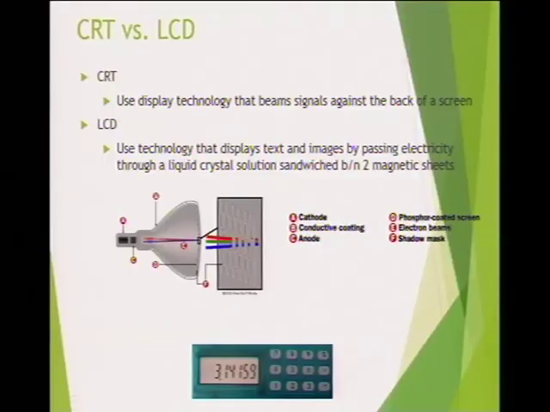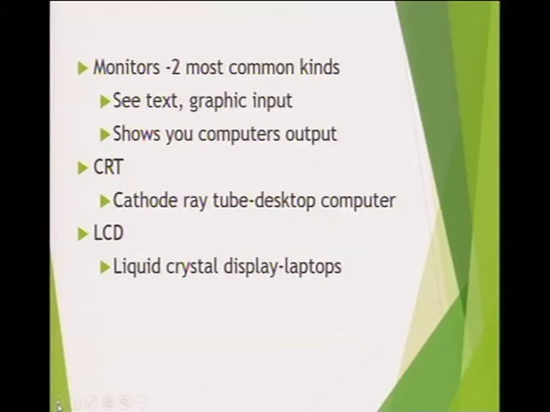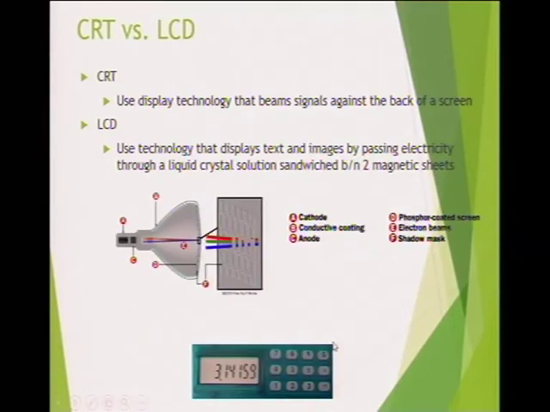Now, if you look at that, we come back to what we were discussing in the previous slide here. What we are talking about, CRT, cathode ray tube, and then the liquid crystal display. If you look at this, we are comparing the two.